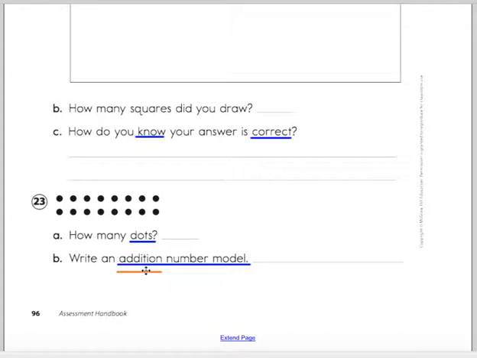Please do not write a multiplication number model. I know I've been teaching you that and we've been going further because I want you as ready as we can get you, but the instructions say addition. So if you put a multiplication number model there, I do have to mark you wrong, little ones. Okay? So use this array and show me an addition number model.